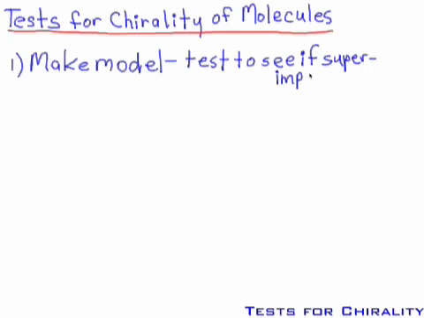Now, if the molecular model is superimposable upon its mirror image, they're identical. But if they're non-superimposable mirror images and stereoisomers, then they are a pair of enantiomers.